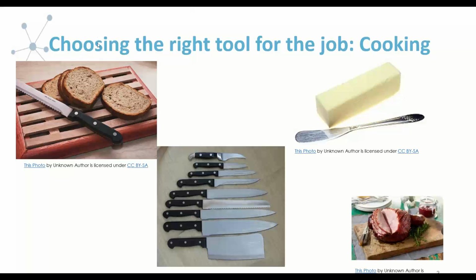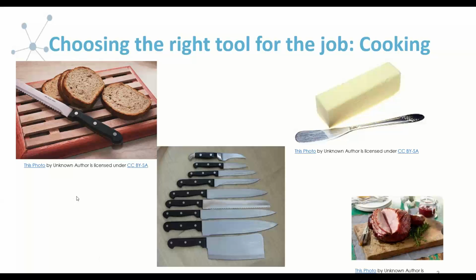We have bread knives that are ideal for cutting bread, but maybe not the best tool for cutting meat or chopping vegetables. We have butter knives, which are good at cutting butter, but not much else. We have carving knives for your Thanksgiving ham, which are ideal for carving the meat. And we have cleavers for butchering and chef's knives for chopping vegetables and meat. We have a bunch of tools at our disposal, and some of them are better at certain jobs than others. And this holds true for rheology.